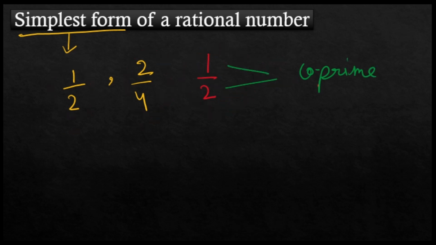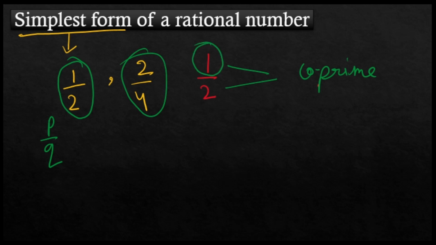Or in other words, they are co-prime. So a rational number in the p by q form is said to be in the simplest form if p and q are integers having no common factor other than 1. I think this is the same as the definition for prime.